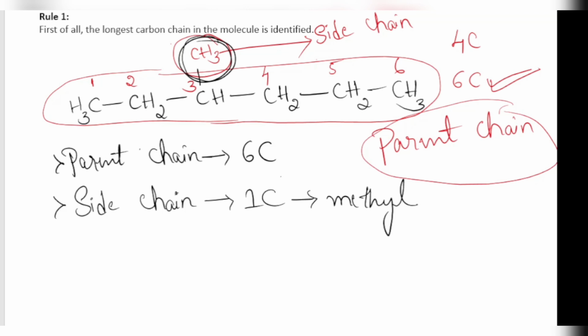Now we'll move on to the next, or I will take another example. Just the bond line formula I will write, because it is very easy to draw and time saving. Suppose here I will take it like this. Here I have to select the parent chain. We have to count the number of carbon atoms from one end to another end.